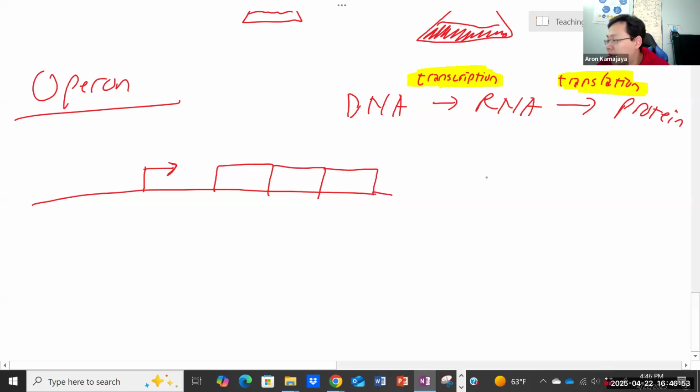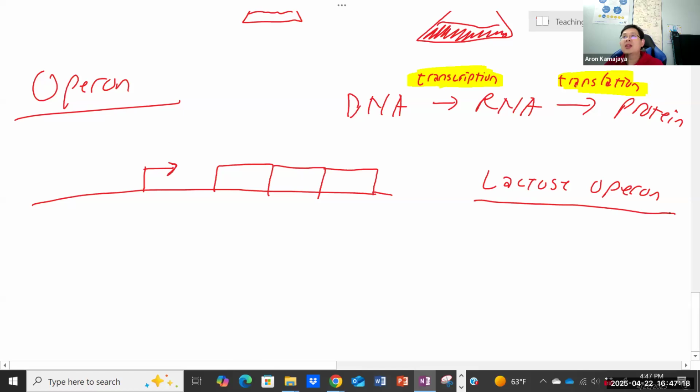The first one is the lactose operon, right? Make sure you know how that operon works, because if you decide to take Biotech 3 with us, the very first activity you do is to express Taq polymerase using this lac operon.